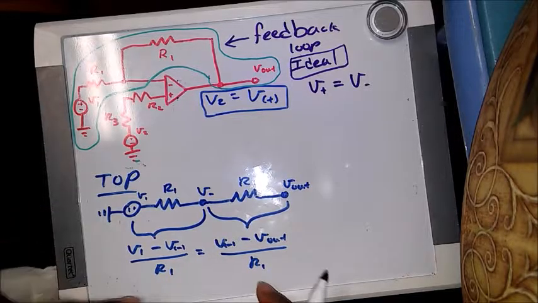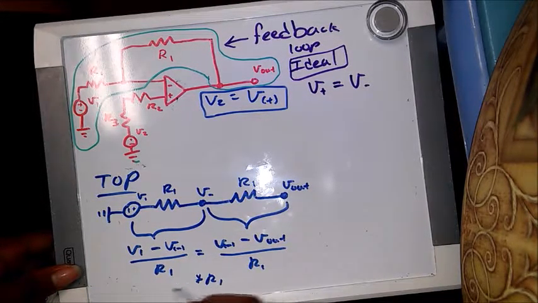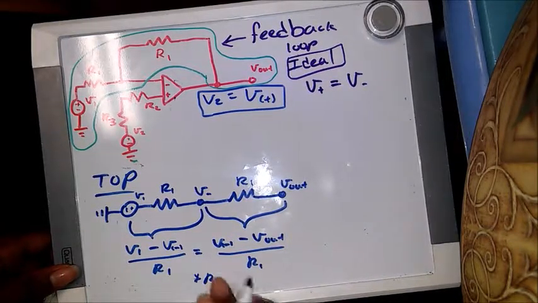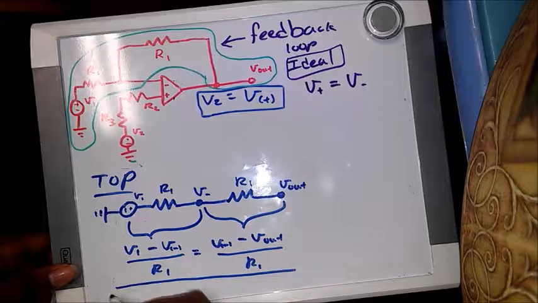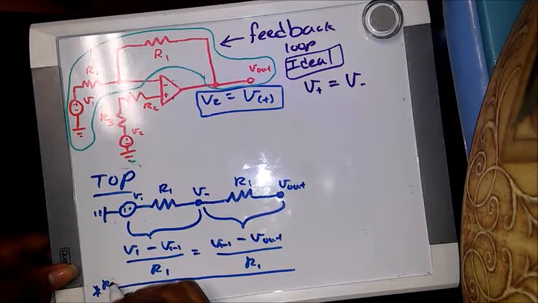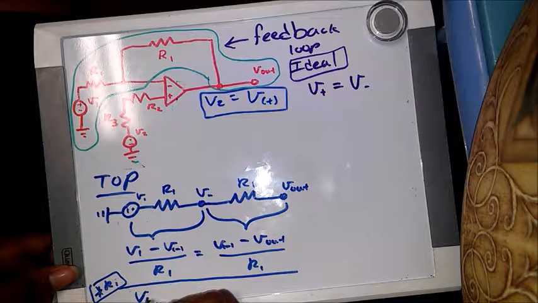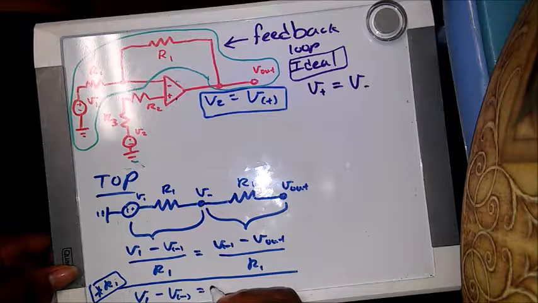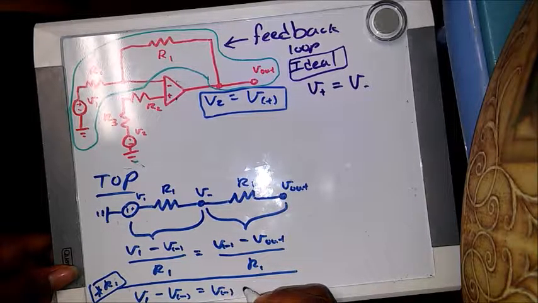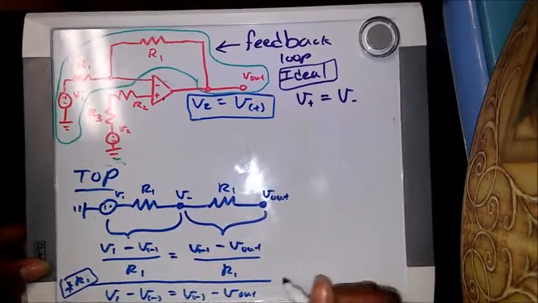Already we can see there's R1 on the bottom of both sides, so we can multiply both by R1. Let's squeeze this in the bottom. So here's my line. Multiply everything by R1. We're going to have V1 minus V minus equals V minus minus V out.